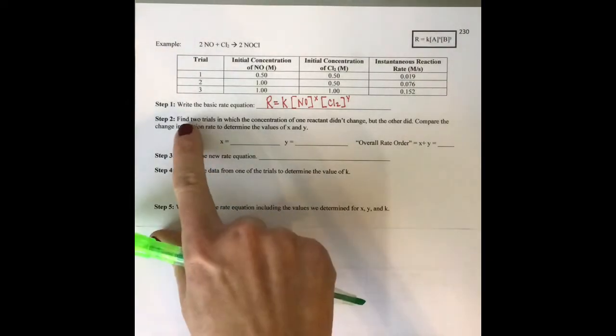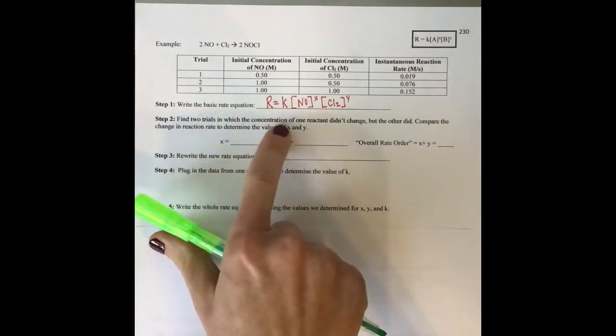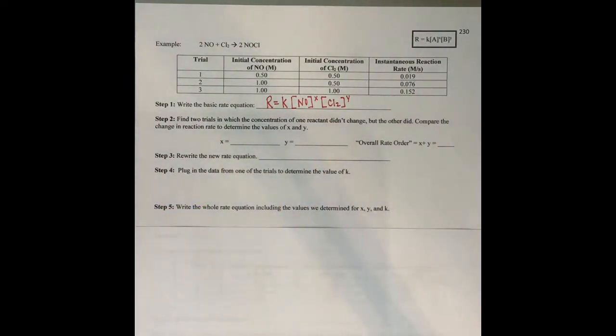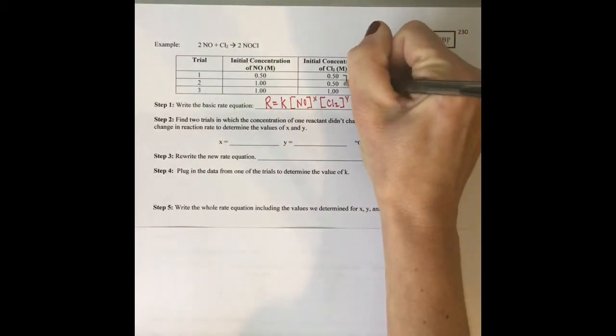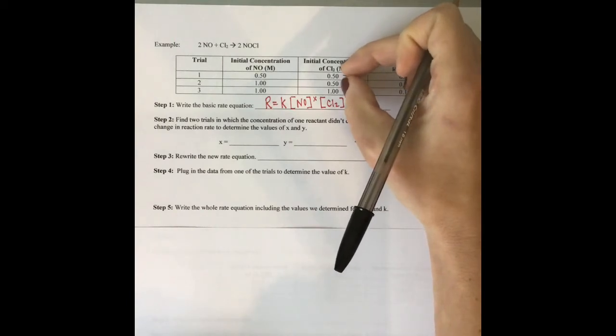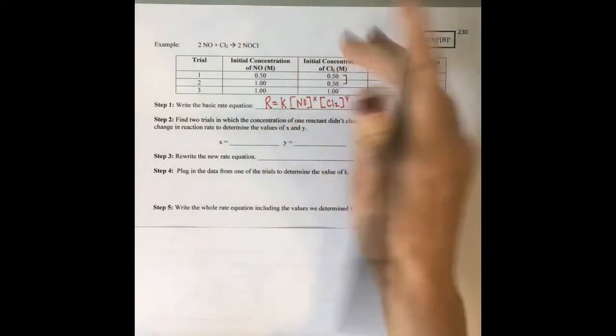Step 2 says you're going to find 2 trials in which the concentration of one reactant didn't change. Okay, so do you see here how the concentration of chlorine gas didn't change? In trials 1 and 2, the concentration of chlorine gas is held constant.